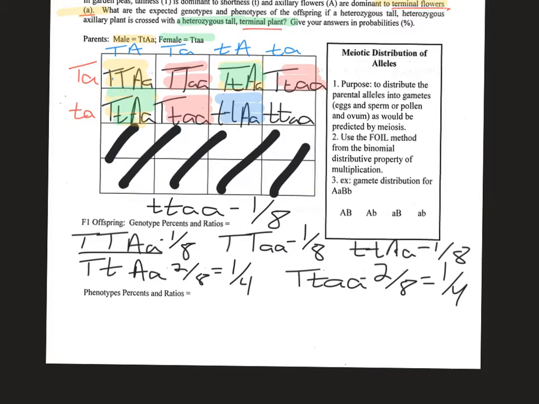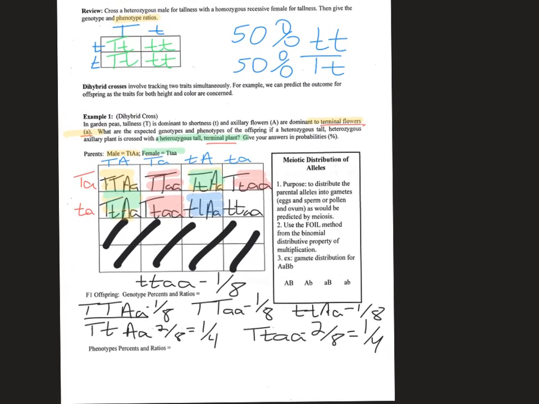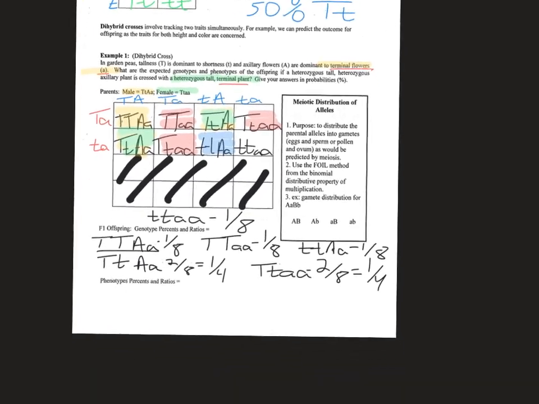All right. Seeing as no one has an issue, now the phenotype: what kinds of phenotypes do I have here? Well, let's look at it. This one here is tall with axillary flowers.